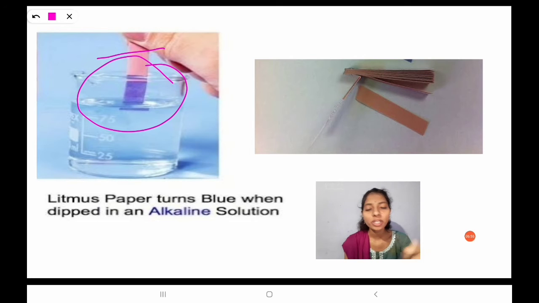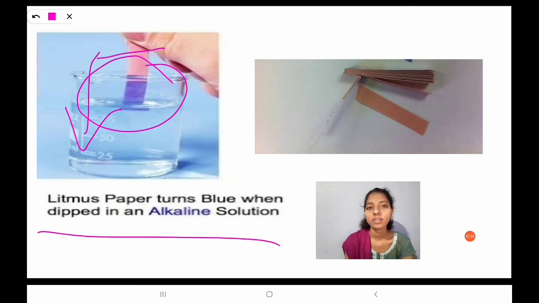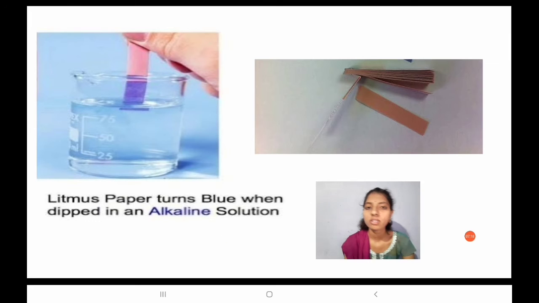When we keep blue color litmus paper in this solution, the blue color litmus paper remains blue in color because the solution is basic, or we can say alkaline. So by using these papers, we can identify the acidic and basic nature of the solutions.